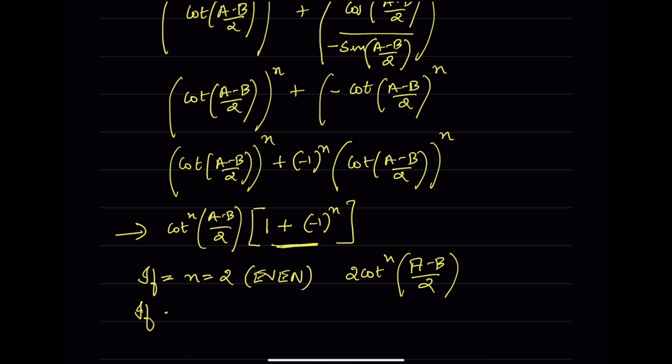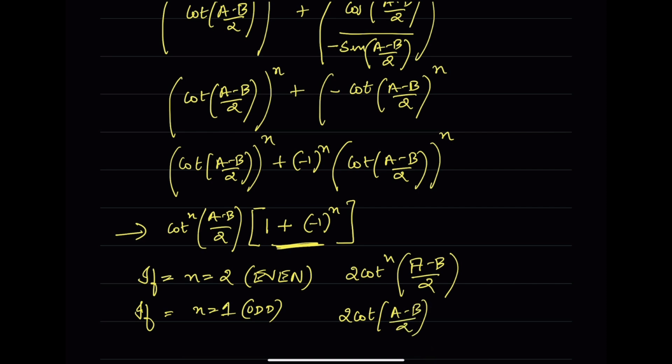Now if n is equal to 1, this portion would change to 1 minus 1, because minus 1 to the power of 1 is minus 1. So this whole thing would be multiplied by 0.